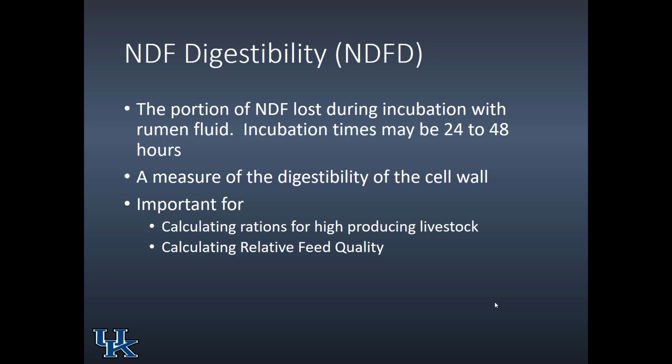Therefore, you can compare NDFD numbers better within the same laboratory than if you sent that sample to 2 different laboratories. Again, NDFD is a measure of the digestibility of the cell wall. It's important for calculating rations for high-producing livestock, and as you'll see later, we have to know it in order to calculate relative feed quality, RFQ.